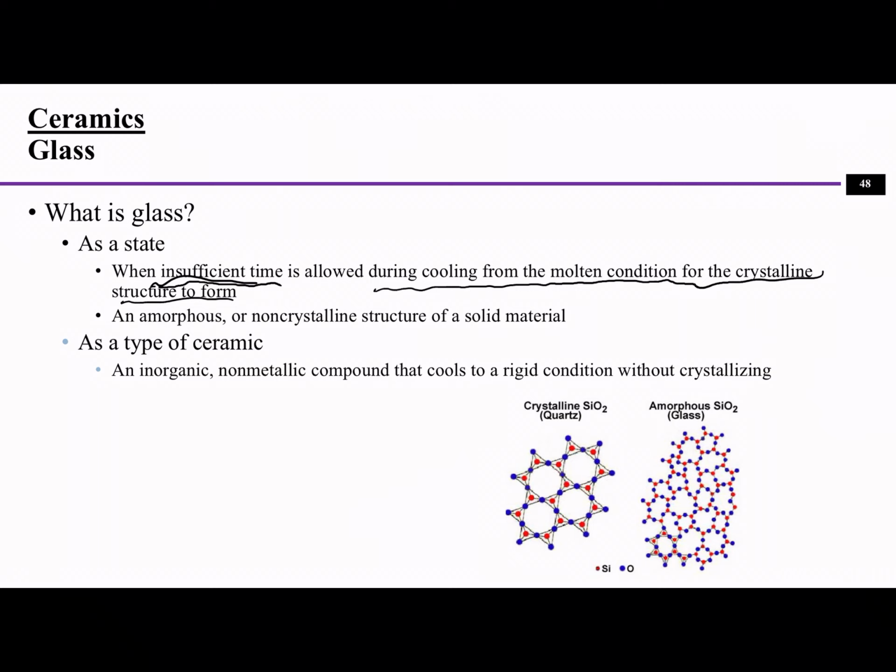For that, you will see different properties later when we look at it.